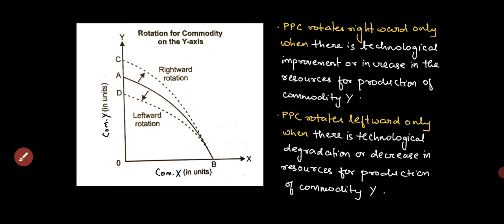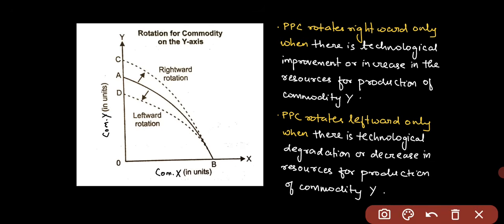In the Y axis there is rotation. Originally, the production possibility curve was AB, but now when there is rightward rotation on the OY axis, the new production possibility curve becomes CB, right?